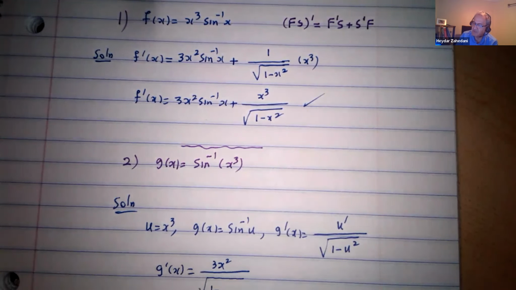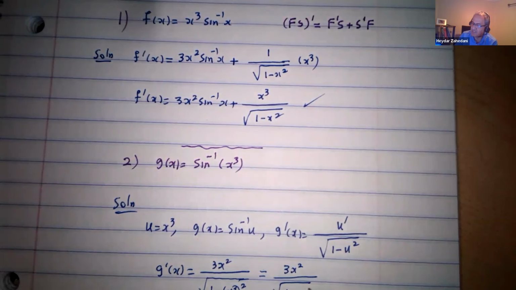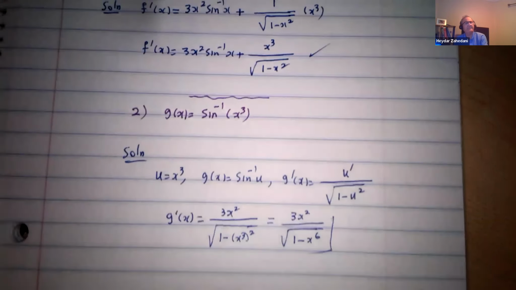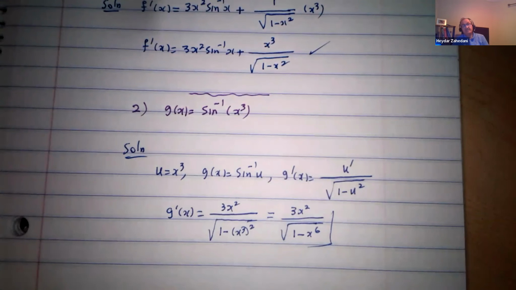U is x cubed, so x cubed squared. So it's going to be 3x squared over the square root of 1 minus x cubed squared, which would be x to the 6. And you're done. Okay, don't miss it.